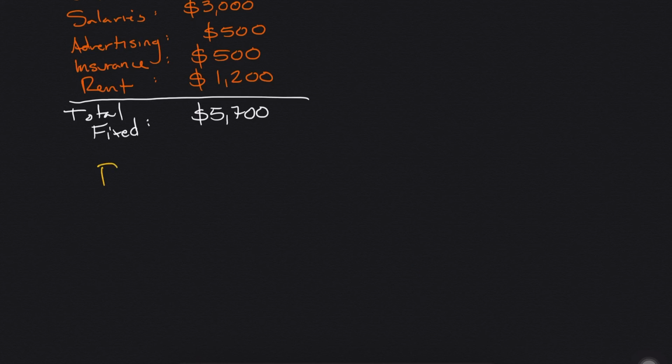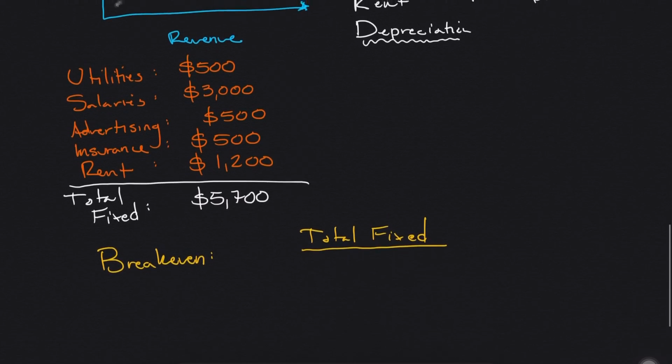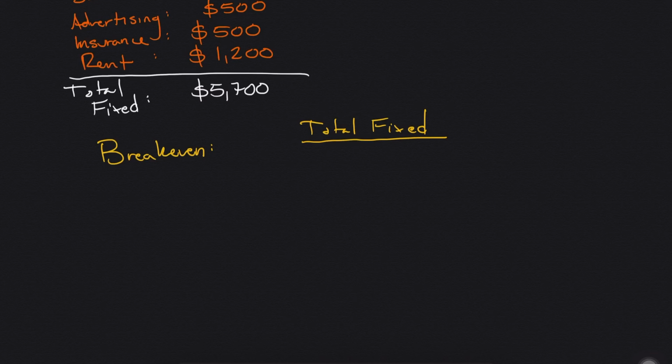The way that we're going to do this is, our break-even represents our total fixed expenses divided by our contribution margin per unit. What this represents is the number of units, the number of products, that we have to sell to cover all of our fixed expenses.